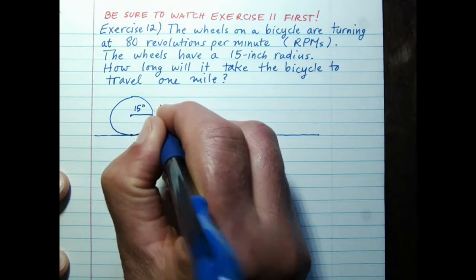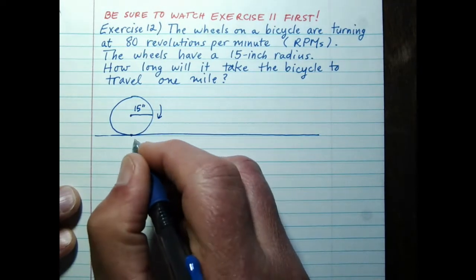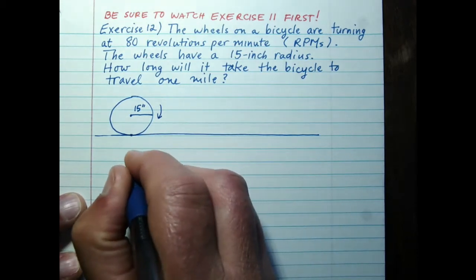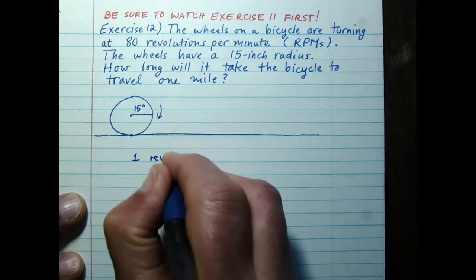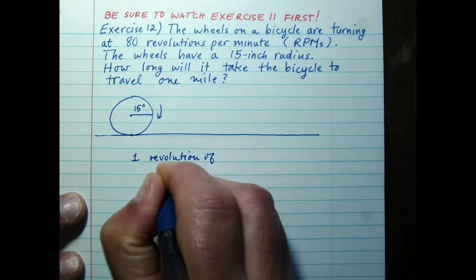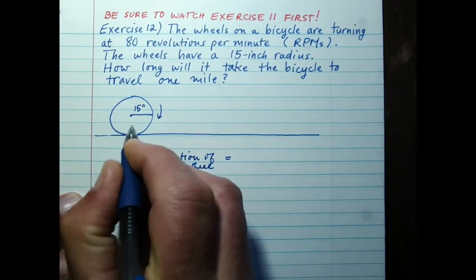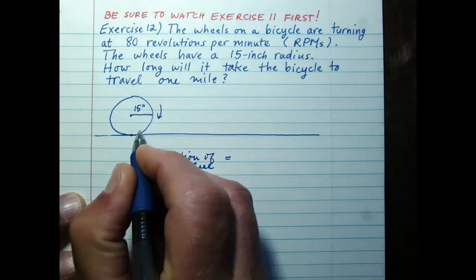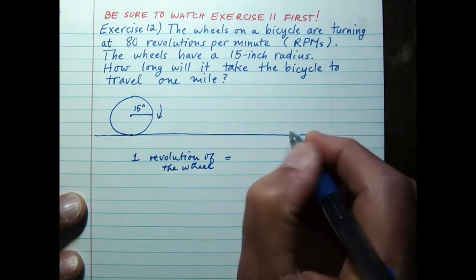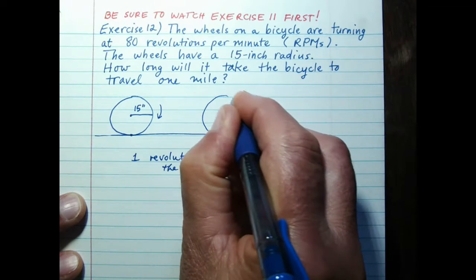As the wheel goes through 1 revolution, it's going to end up further on down the line, right?